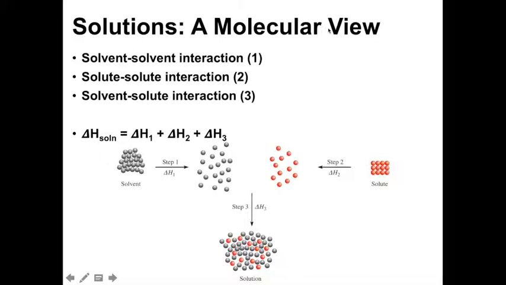Okay, so in the formation of a solution, we can actually divide the process into three steps. The first step will be breaking the solvent-solvent interaction. The second step is breaking the solute-solute interaction.